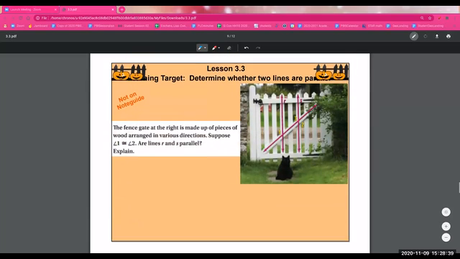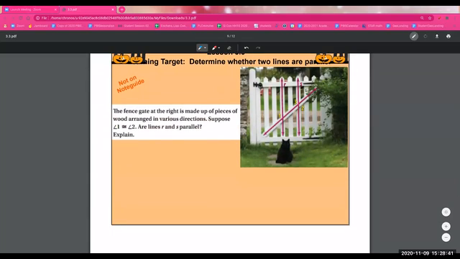All right, next, the fence gate at the right is made up of pieces of wood arranged in various directions. Suppose angle 1 is congruent to angle 2. Are lines R and S parallel? Okay, so we have angle 1 right here, angle 2 is here.